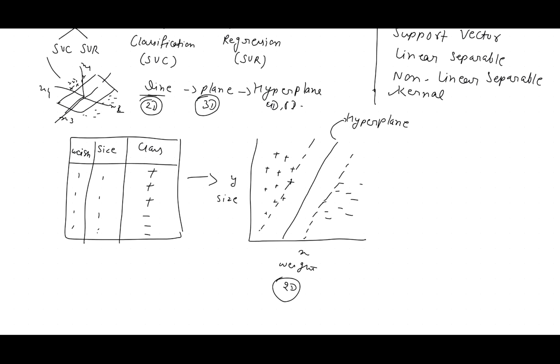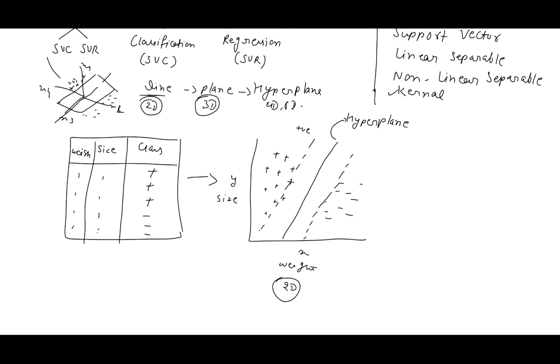Now come back to this diagram. Here you can see this is a line, this is a plane. You are drawing a line parallel to this line. This is called a hyperplane too. The data points which come above this line, this is called positive distance.